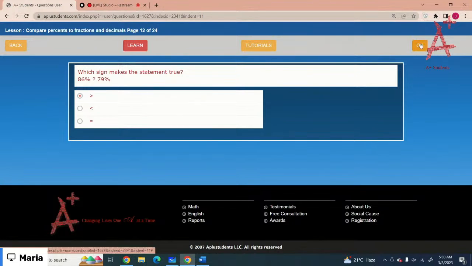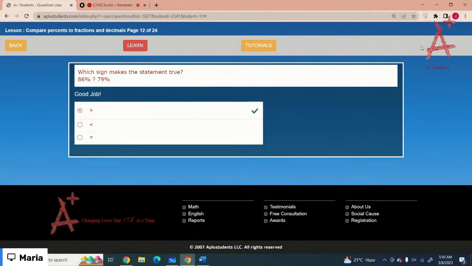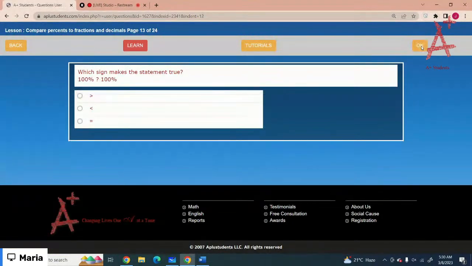Got it? 100% is equal to 100%. Okay, you can complete the test for yourself later today. Let me just move on to the next lesson.